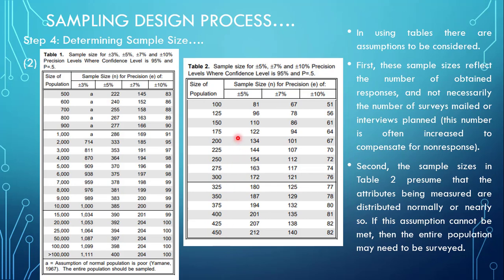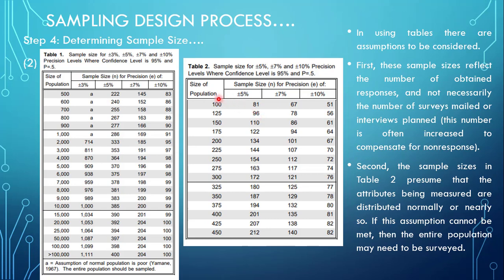If the precision level is 3%, and if the population is lower than 1000, then you are going to take the whole population as a sample, and you are going to conduct a census. It is known as census.